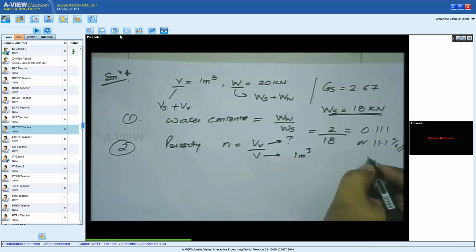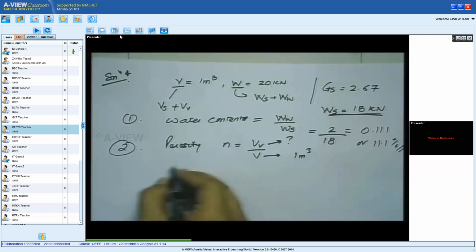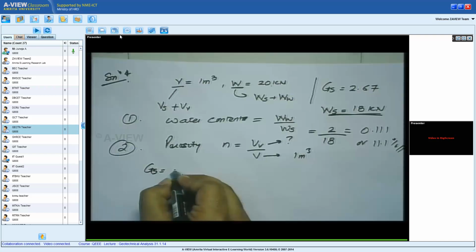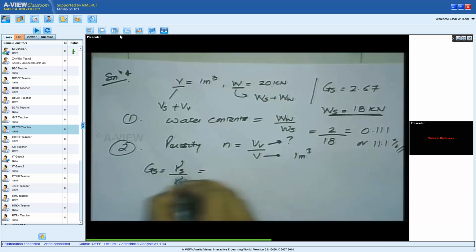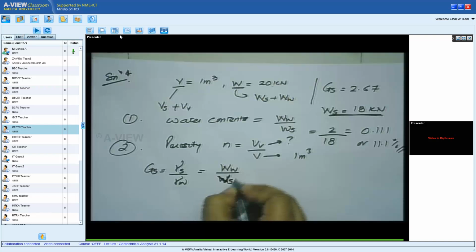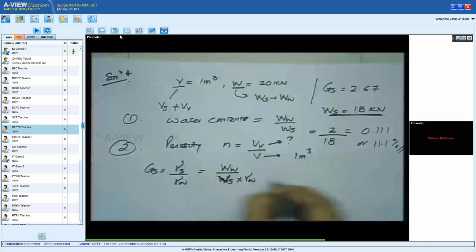If you recall, let's look at the definition of GS, specific gravity. GS is defined as unit weight of solids over unit weight of water. Unit weight of solids is weight of solids over volume of solids, apologize, times the unit weight of water.